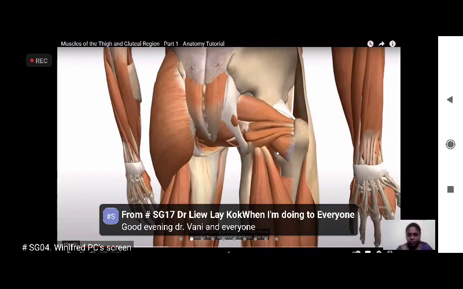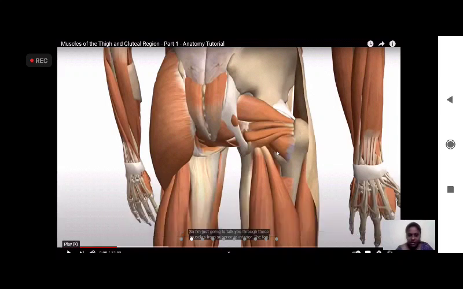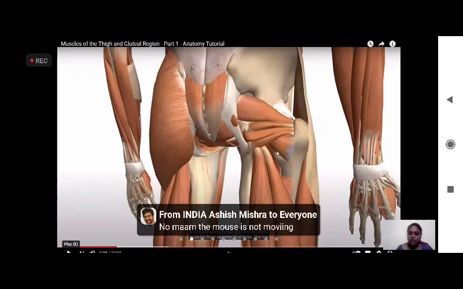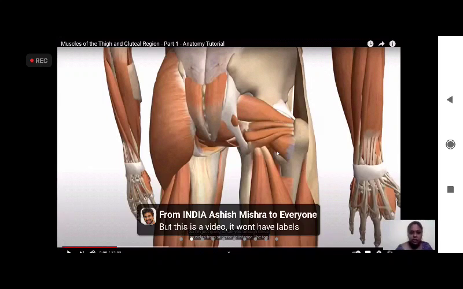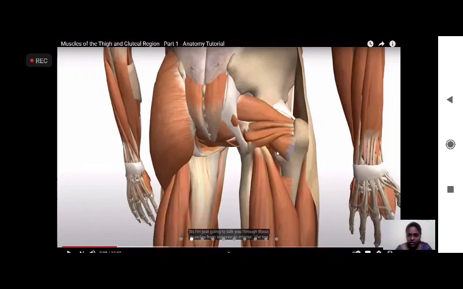I didn't see the cursor moving. You can type the words, indicate the various muscles with the words. Yes, it is possible to insert the text with the name of the muscles there. You want me to text the name of the muscle? Yes. Okay.